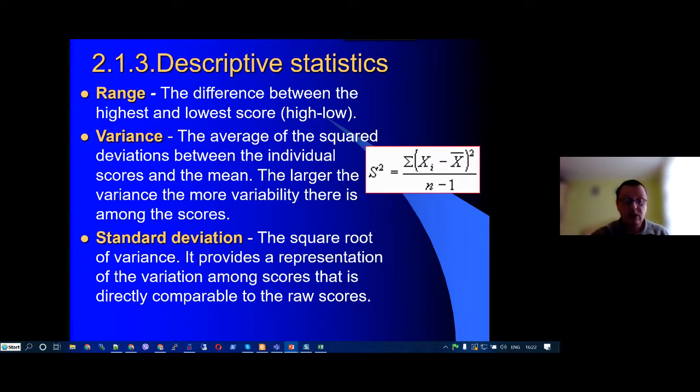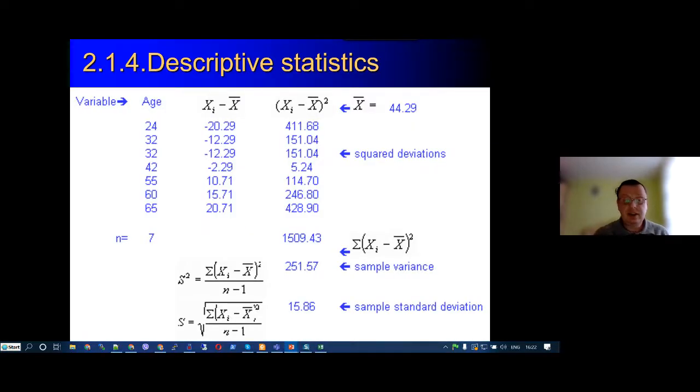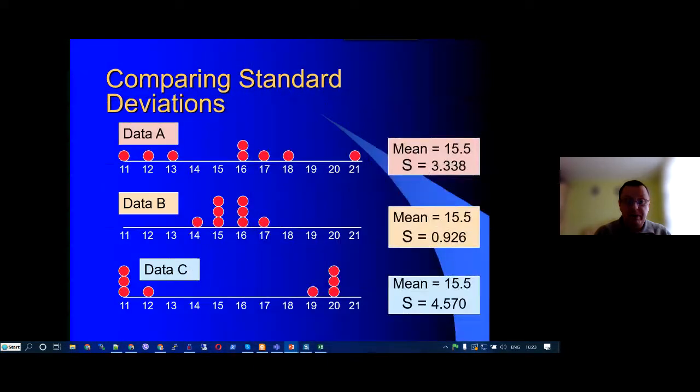Standard deviation, in contrast, provides a representation of variation among scores that is directly comparable to the real scores. Here are given techniques for how to achieve all this in conventional statistical calculation, but fortunately we do not need such difficult calculation to be performed manually. Actually, I have such experience. I did it 25 years ago, but right now it's not necessary. We can order our spreadsheet application to perform this analysis for us, and I will show it in minutes.